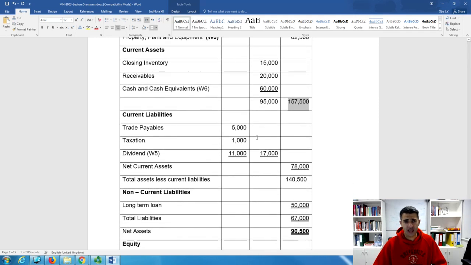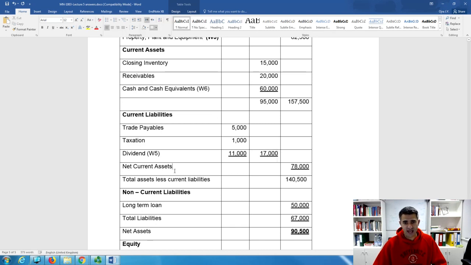In terms of current liabilities, we have trade payables, straight from the trial balance. We have taxation payable, and we also have dividends, because we said dividend payable should be under current liabilities also, and also in the statement of change in equity under retained earnings. If you add them together, this is 17,000 pounds, the total current liabilities.